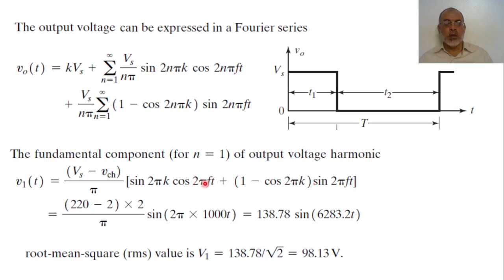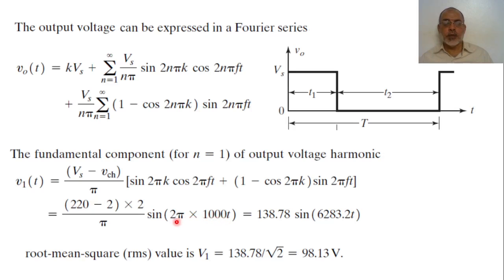From this, we can arrange the harmonic form, the first harmonic, in terms of a sinusoidal form only. So it would be 220 minus 2 over pi multiplied by 2 multiplied by sine 2 pi f t, where f is 1 kilohertz.